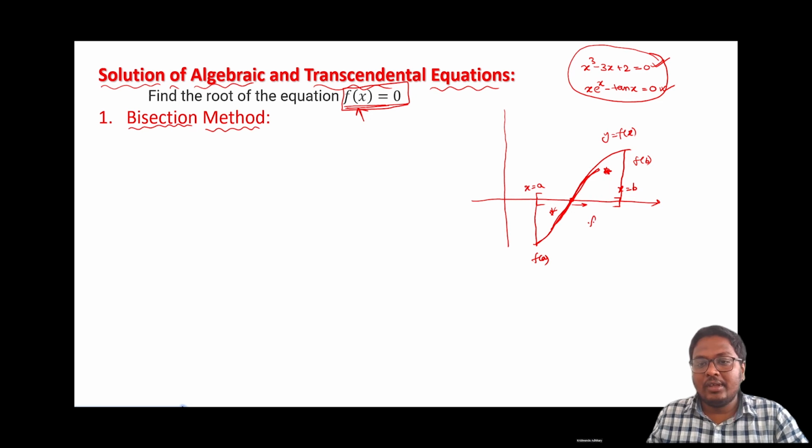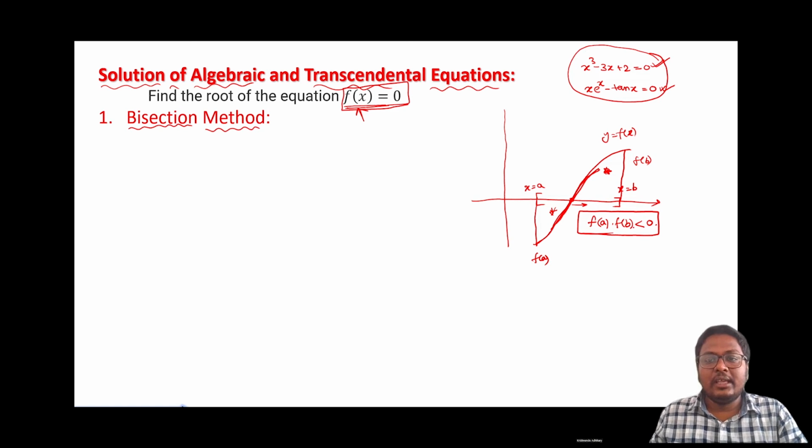So f of a into f of b is less than 0. That means an equation f of x equals 0 has a root in the interval a to b if and only if f of a into f of b is less than 0.